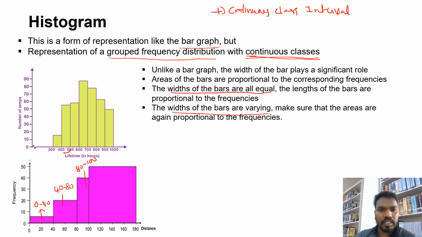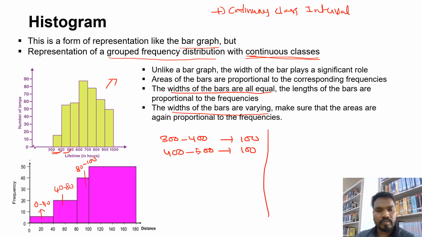One is where the widths of the bars are all equal, or the widths of the bars are varying. You can see here in the first histogram, the gap between 300 to 400, what is the width here? 100. And 400 to 500, what is the width here? 100. So that is the first one. Now look at the second one.